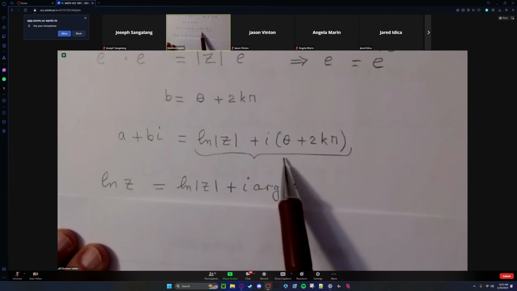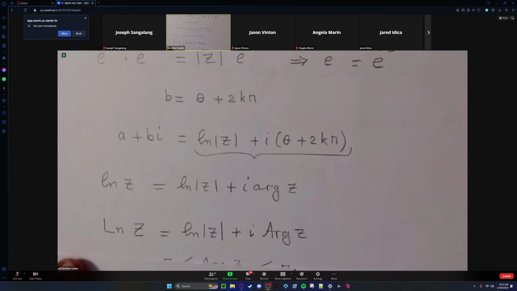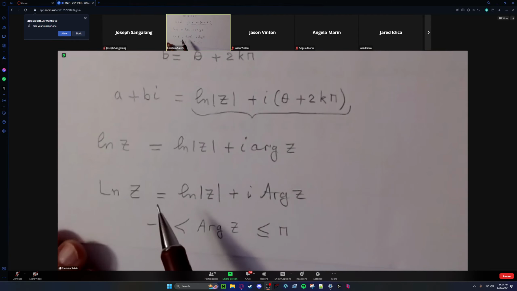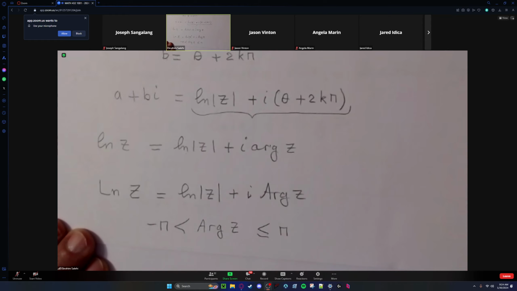And this is the argument of z. Theta, remember, theta was one of the arguments. And if we use the principal argument of z that usually we do, it's called principal branch. So if you use principal argument of z, remember, principal argument has to be between negative pi and pi. Oh, we call this one principal branch of log z.